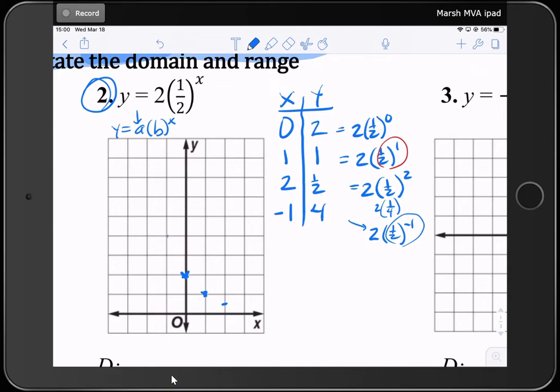And then if I do, say, -2, this is going to give us 2 times 1/2 to the -2. That's going to be 2 times 2 squared. Flip it over. So that's going to be 4 times 2, which is 8. So back 2 and then up 1, 2, 3, 4, 5, 6, 7, 8. And that's this right here. Now, can you see what the shape of the graph is going to look like?